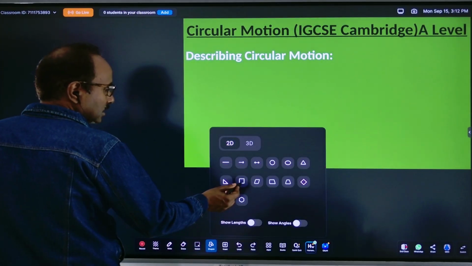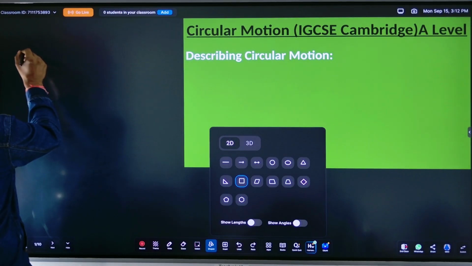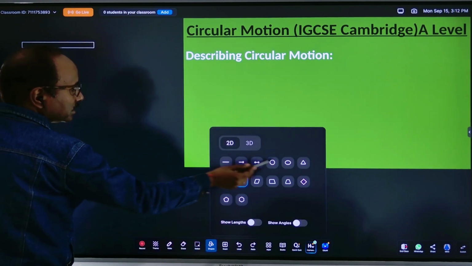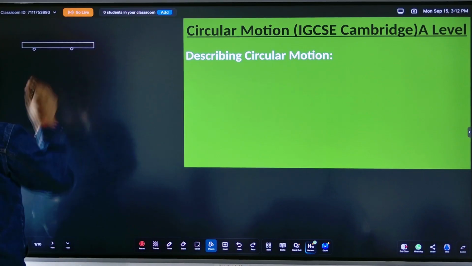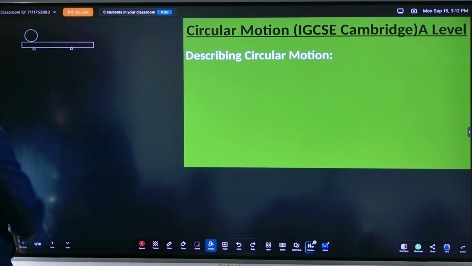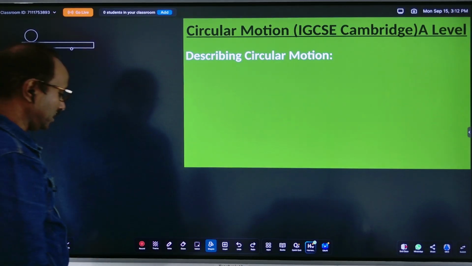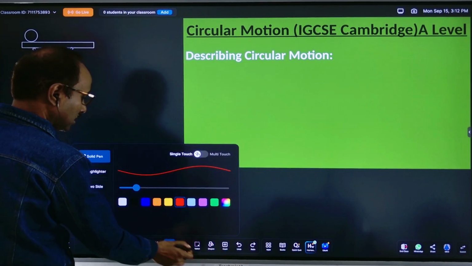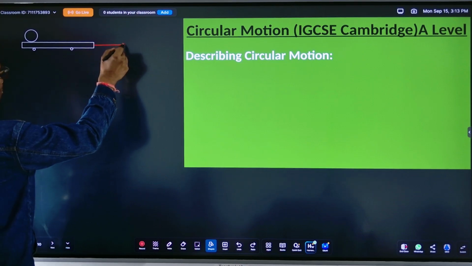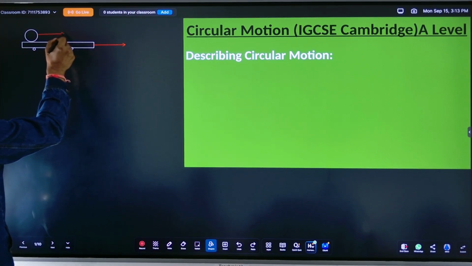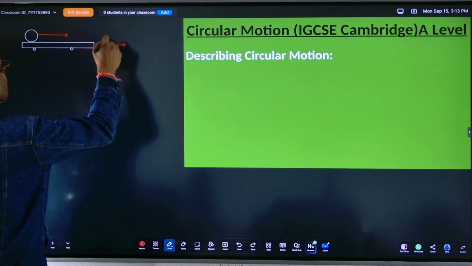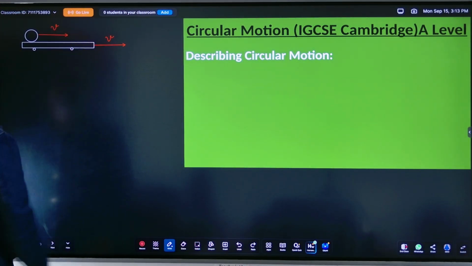So let us try to understand this way. We say that this is your train and this is the ball kept on it. So initially both the train and your ball are moving with the same velocity. There is no relative motion between these two. Train velocity is v, ball velocity is v.